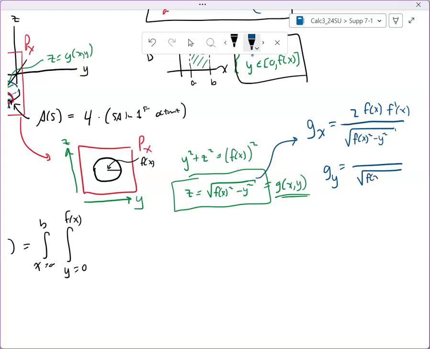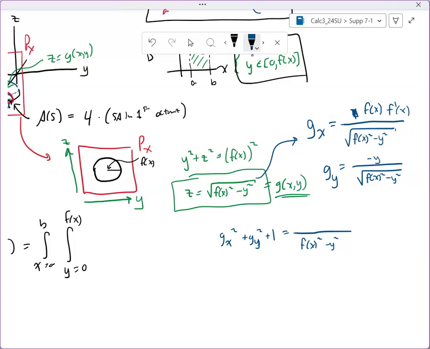g_y a little bit simpler. Just minus y over the square root. And then we have g_x squared plus g_y squared plus 1. Well, they both have the same denominator. So g_x squared is going to give me, oops, that 2 shouldn't be there.